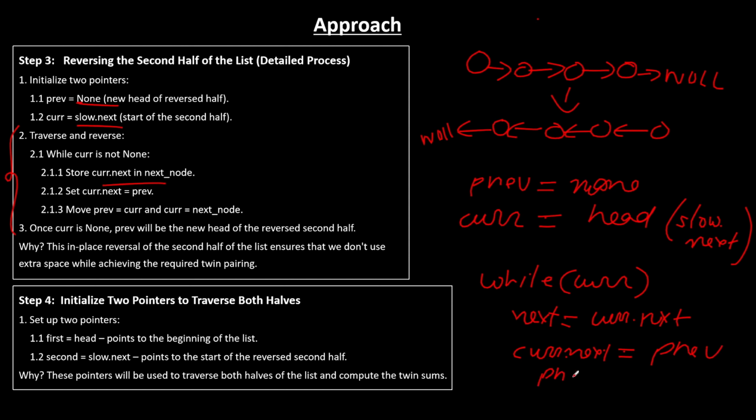Then previous takes the value of the current pointer. Then the current pointer goes to the position of the next pointer. Fine. So how is this done?